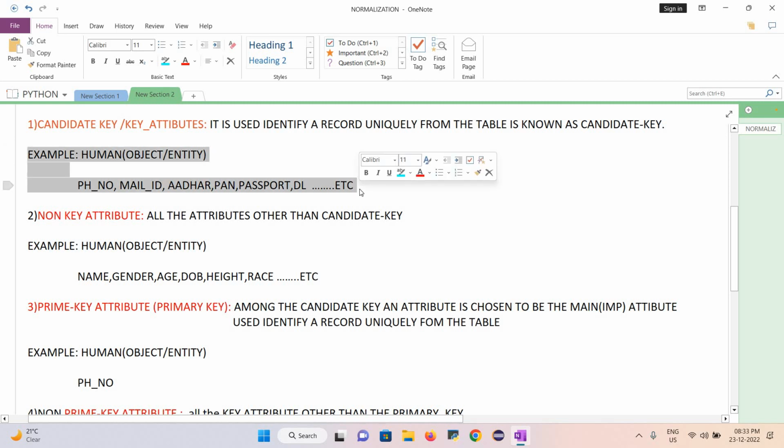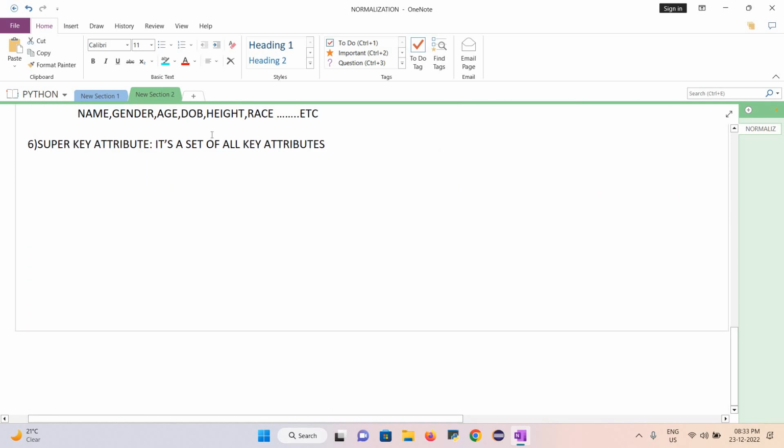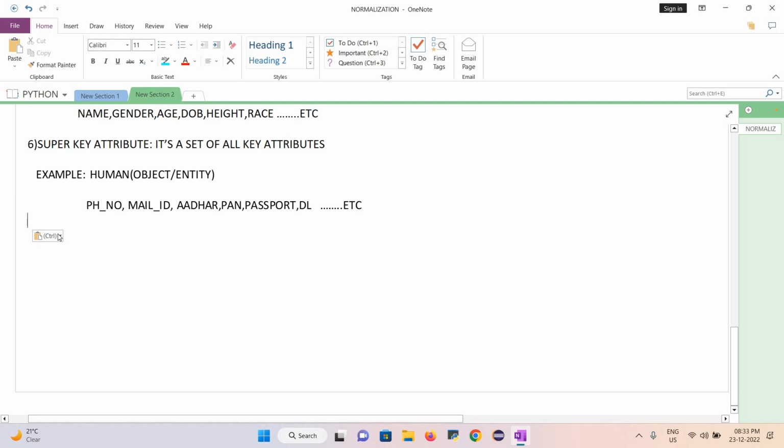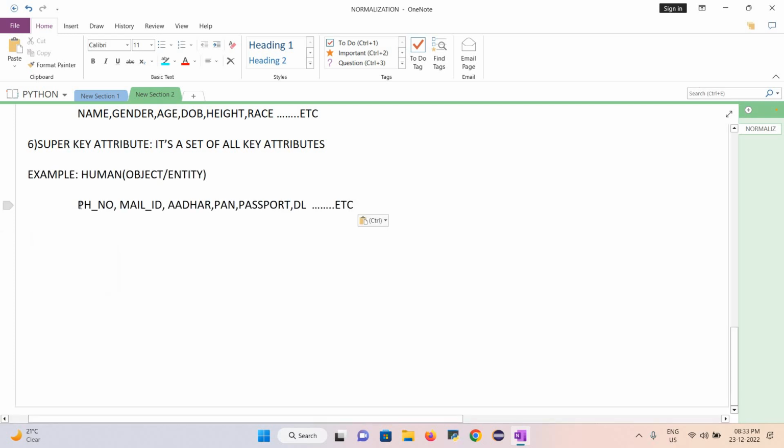This whole complete set we would say is the super key attributes. If I select the same example, it will be written in curly braces. This is called a set. It's a huge set. In the set, all the key attributes are present. So this is known as the super key attribute.